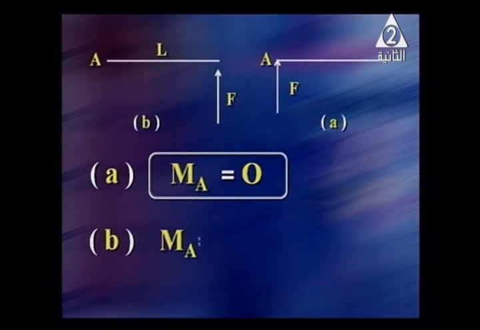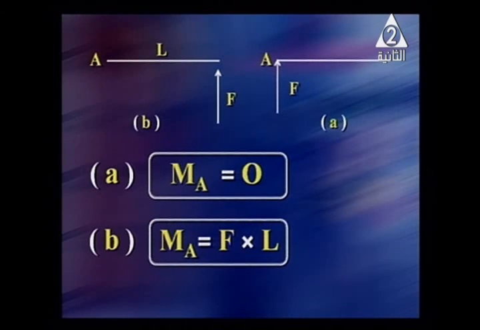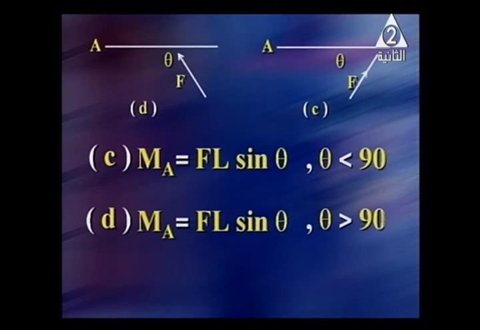In figure B, the moment equals F times L. In this case, theta equals what? 90 degrees, perpendicular. In figure C, the moment equals FL sine theta, because F is inclined by an angle theta, smaller than 90 degrees. Also in D, the moment about point A equals FL sine theta. In this case, theta is more than 90 degrees.